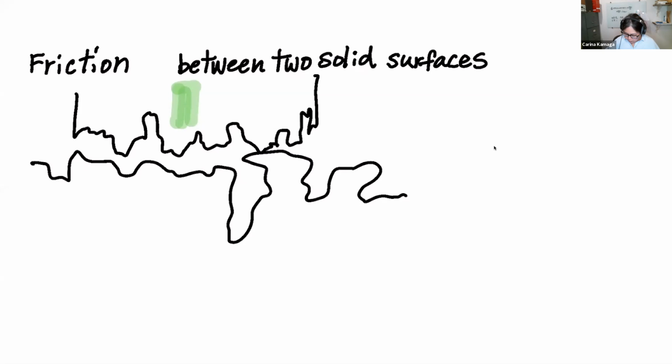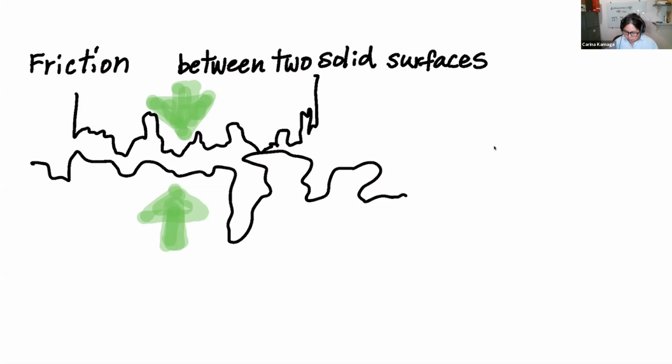You push, you push, something like that. You could have two surfaces in contact, and then you push together, and it kind of locks, or it makes it really hard to move smoothly. And that's what the friction force is.